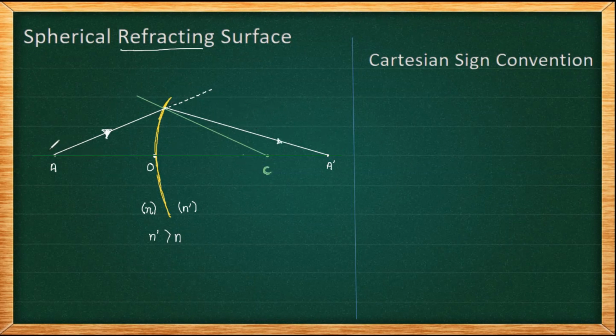Image distance and object distance. This one here will be your object distance. And this one here will be your image distance. So L here is OA and L prime is OA prime. We always just measure your distances from the optical center O. Okay.